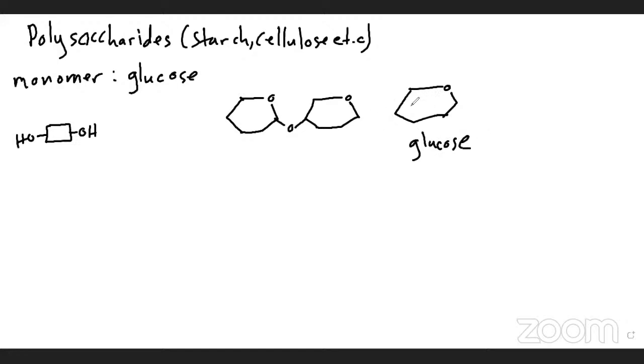Once you see this, just know it's either starch, cellulose, or any polysaccharide. If they gave you a representation and ask you to identify the polymer, once you see any of these rings, the only polymer that does this is polysaccharides. So just look out for the glucose ring.